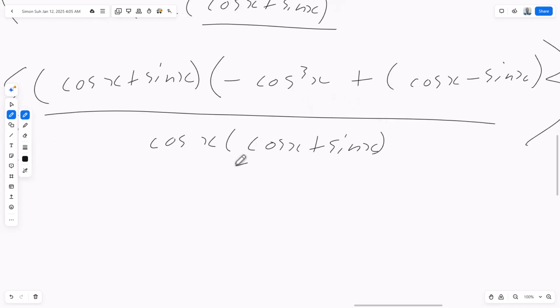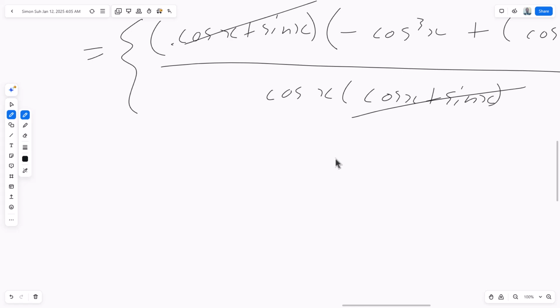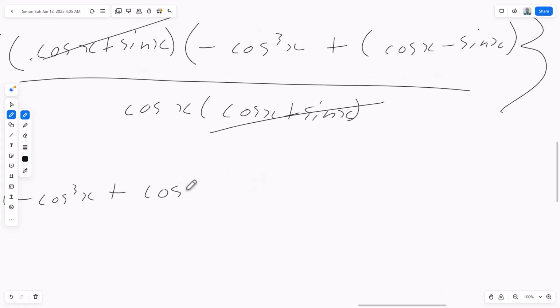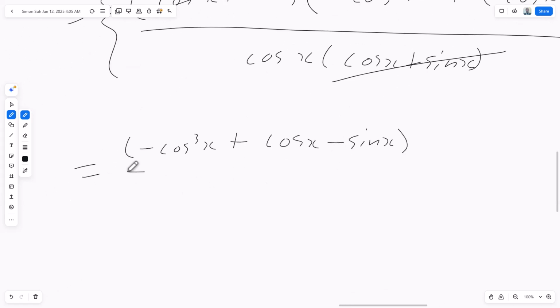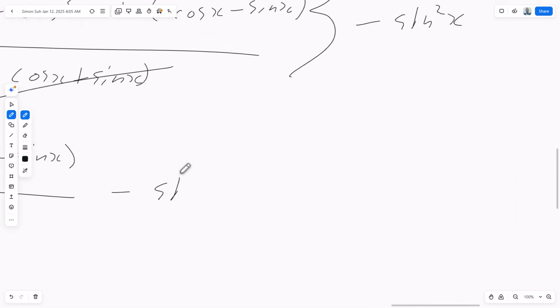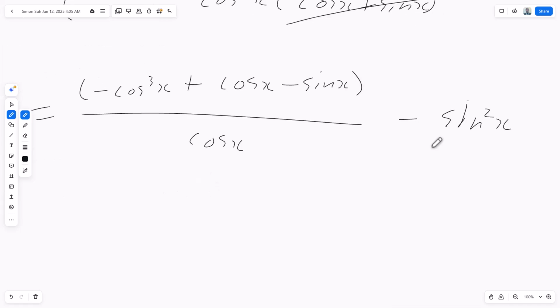Next, we're going to cancel the cosine squared x out, so let's rewrite the equation. This becomes just minus cosine cubed x plus cosine x minus sine x over cosine x, and we have minus sine squared x. Now we're going to separate this part out from this part, creating two smaller fractions.